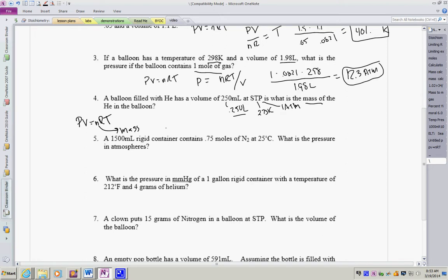So we'll solve for n. n equals PV over RT. The pressure is 1 times the volume, which is 0.250, divided by R, which is 0.0821, times temperature, 273, will give you n.